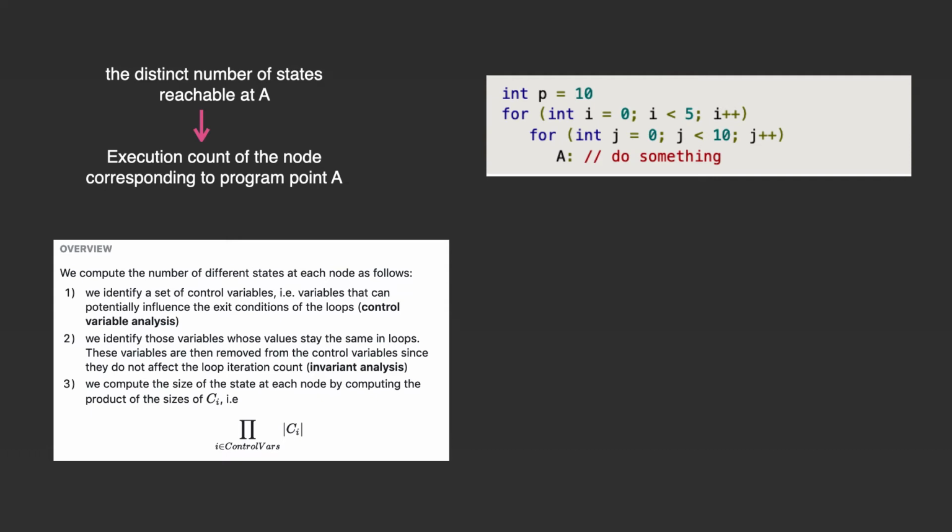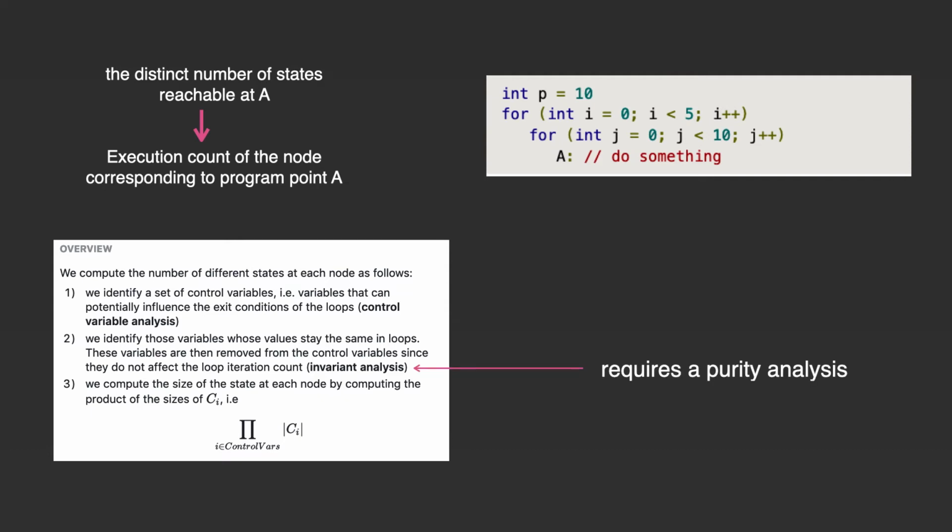To do that in general, we would need a pre-analysis that would tell us which values are invariant. Once we do that, we compute the size of the state at each node by computing the product of the sizes of these variables.